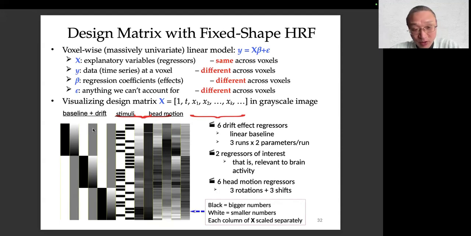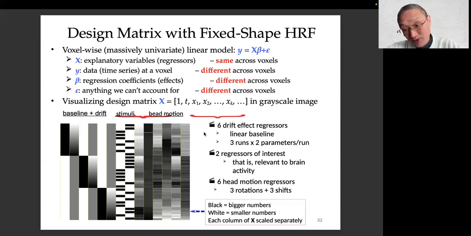The third and fourth columns correspond to the second run, so you can see the black band shifts to the second part of the 3 segments. Same thing for the 5th and 6th columns, where we shift to the last third for the third run. In this case, those are the baseline and the linear drift.